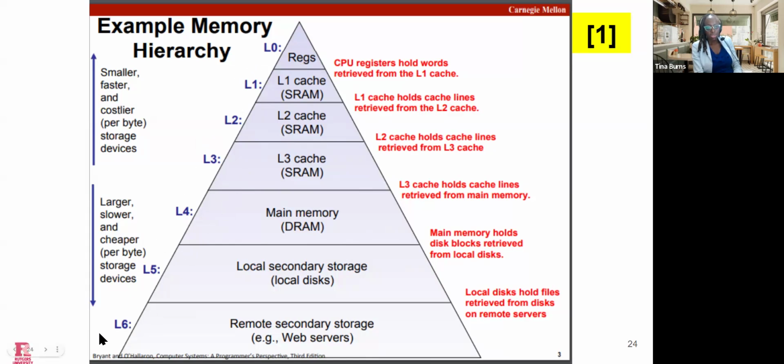So if you had something that was 6 layers, this would be a good way to represent where they are. The top of this pyramid means it's going to be faster, but it's going to cost more money. Then we get to the bottom of it, and it's going to be cheaper per byte. And what you guys want to look at is the applications and the functions of each of these.